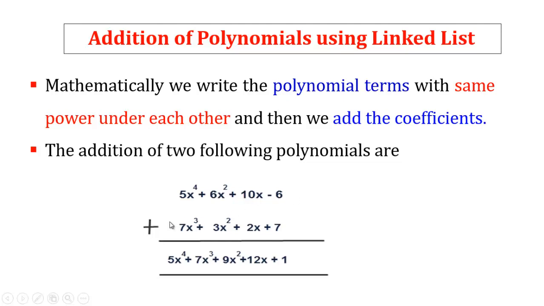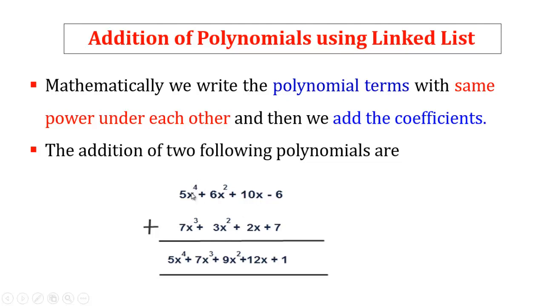Now we are going to add two polynomial equations, and the second equation is 7x power 3 plus 3x power 2 plus 2x plus 7. When you add, you can add only if both powers are similar.